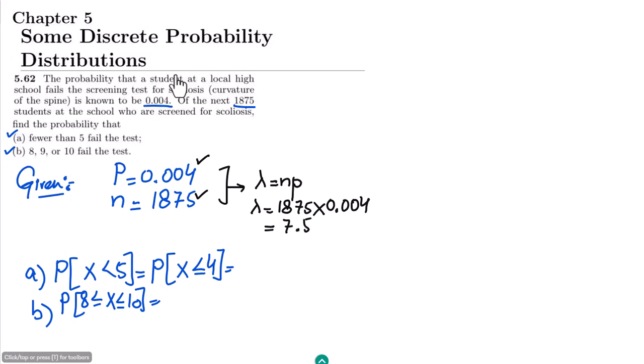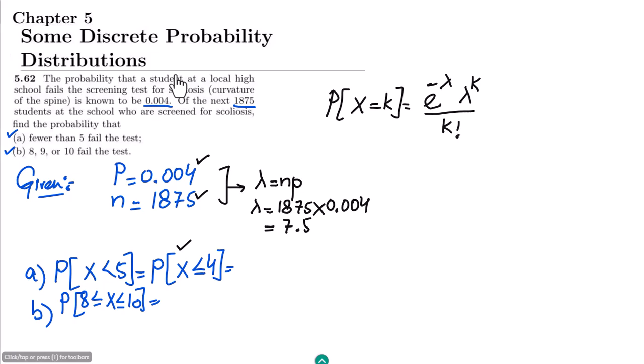Now these are the values we want to find out. We can find them by using the manual method. The formula for the Poisson distribution is P(X = k) equals e to the power of minus lambda, lambda to the k, divided by k factorial.